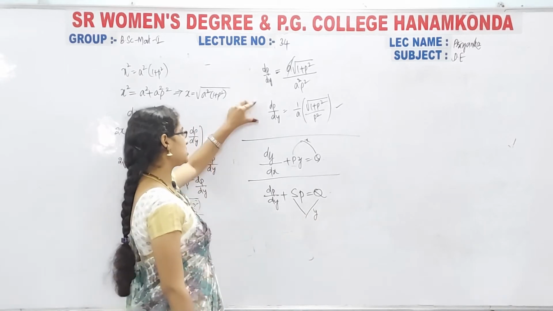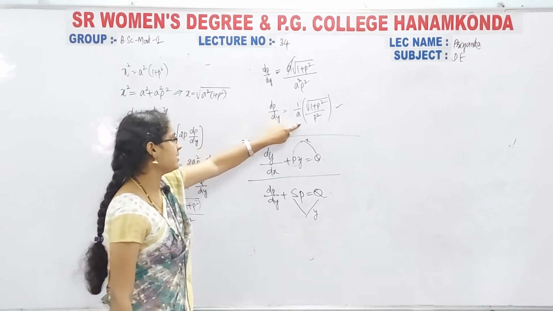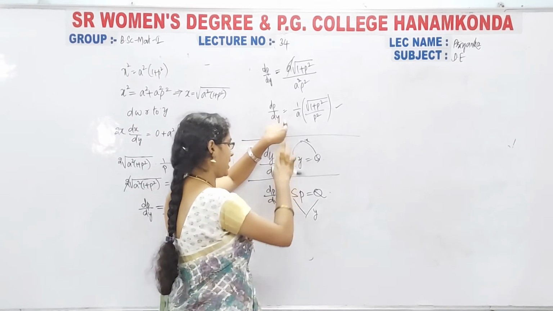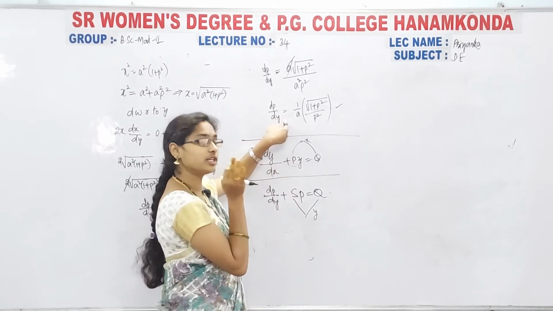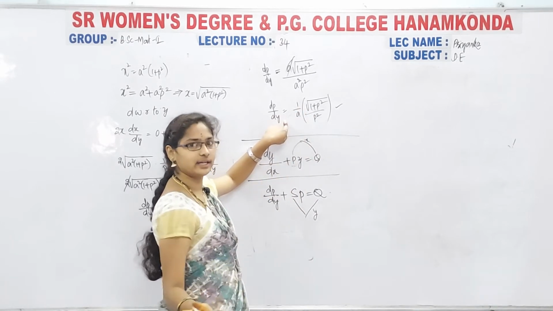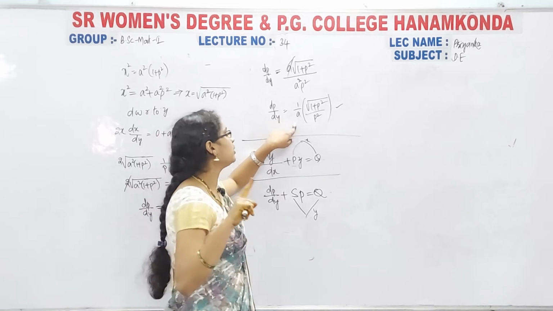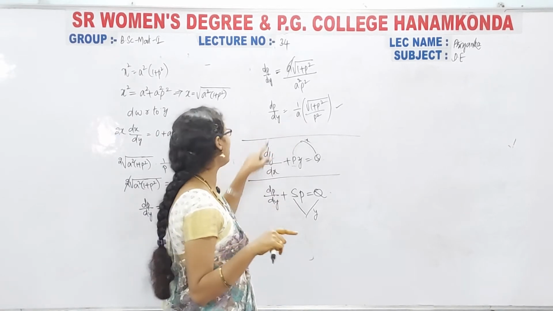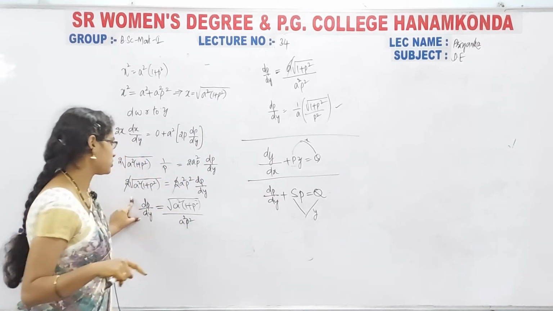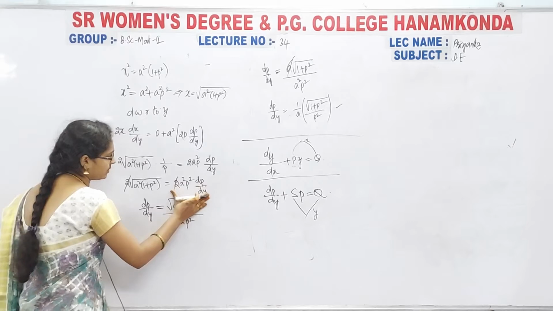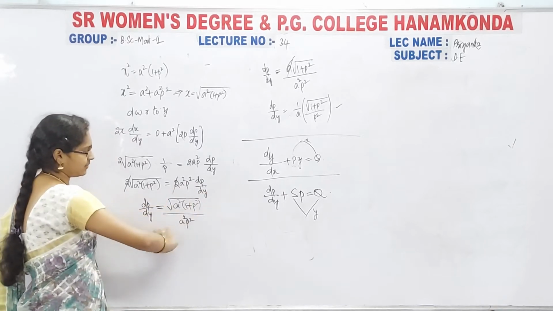So that means dp by dy, here the value of s is nothing but some constant in terms of y itself. Next, here we don't have any y term, so it is 1 only into p. And for the constant, you can simply take this value, otherwise you can write from here also. Okay, so now directly from this you can take dp by dy and divide the entire equation like this.